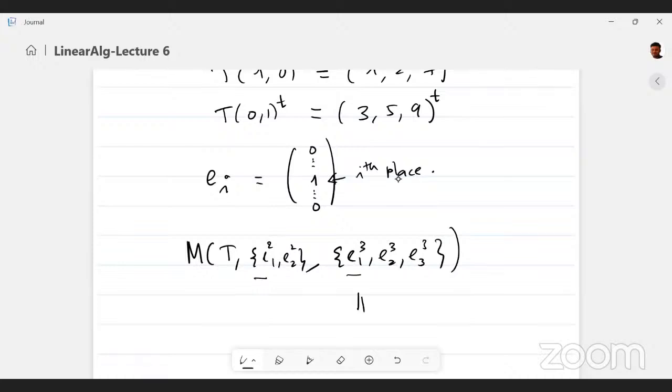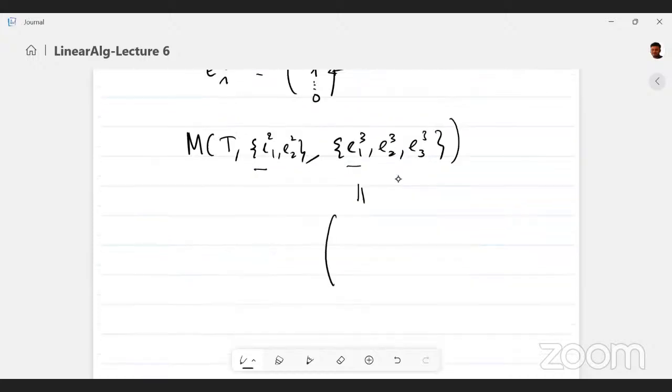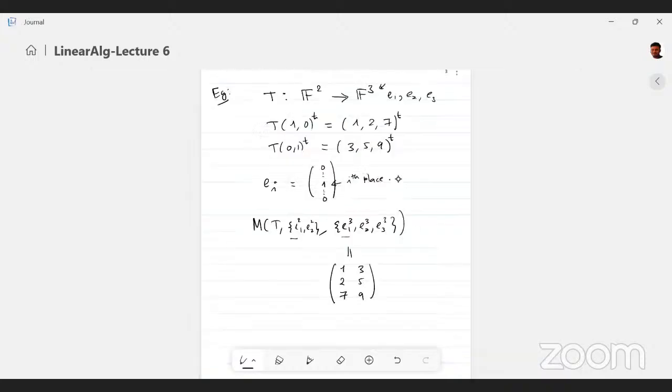So this must be a 2 by 3 matrix. It will be 1 2 7 and then 3 5 9. That is how we have defined it. So this is my 2 by 3 matrix.